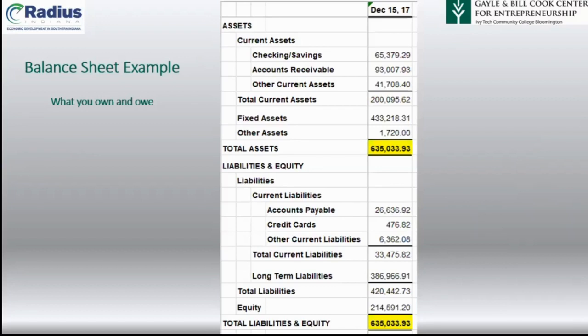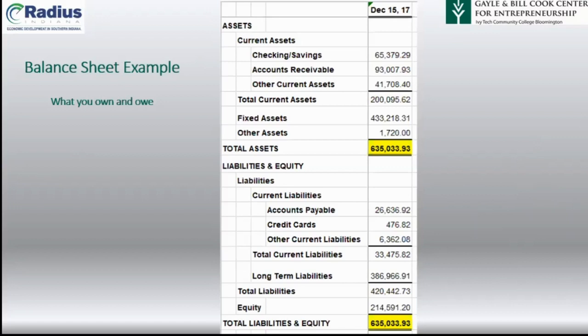You know, it's a 30-year mortgage. Maybe you're getting an SBA loan now in these times that you're not going to pay back for an extended period of time, 10, 20 years. So that would be a long-term liability. So current is within a year, long-term is longer than a year. And again, you can list these however you want, whatever works for you.